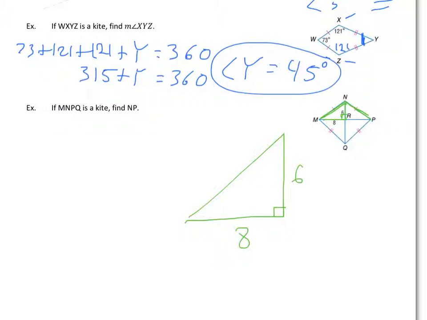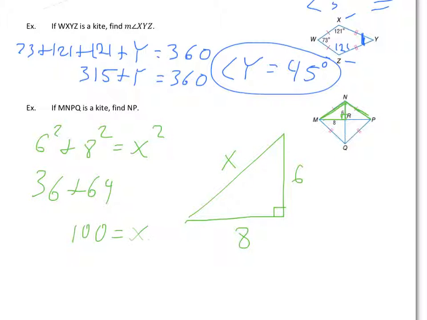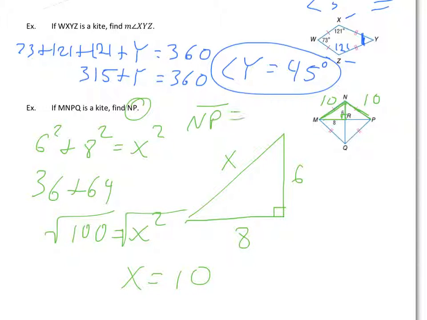And what ends up happening is we have to find that missing side. So that becomes a Pythagorean theorem question. 6 squared plus 8 squared is going to equal x squared. 36 plus 64 is 100. Find out what x is by taking the square root of both sides. X is 10, which means this side is 10, but it's congruent to this side, and that side is 10. So NP equals 10.